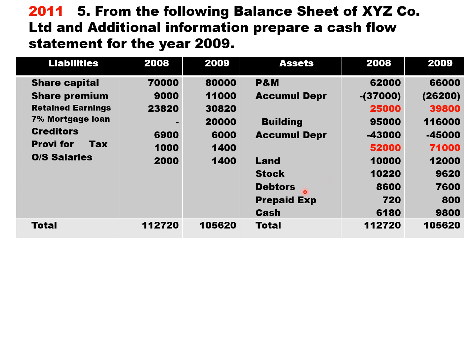There is a decrease in debtor to the extent of 1,000, which indicates that you should add. Next, prepaid expense is a current asset. It will come in operating activity. There is an increase in prepaid expense to the extent of 80. You should minus. Then opening cash 6,120, closing cash 9,800 will come in cash flow statement.